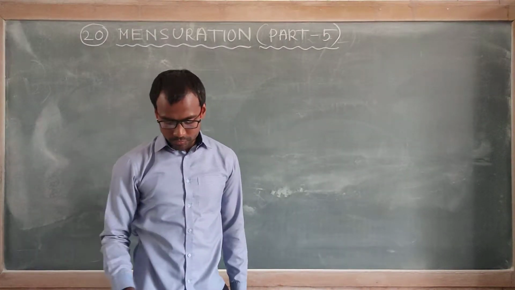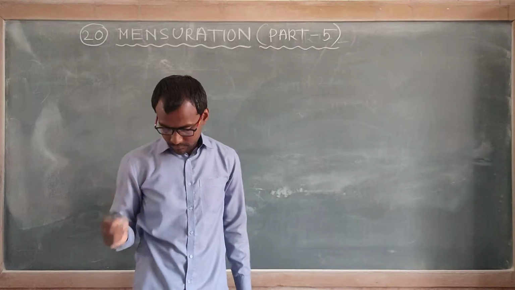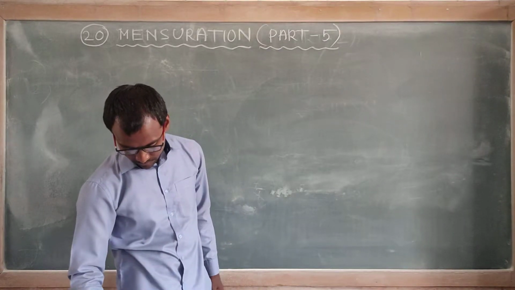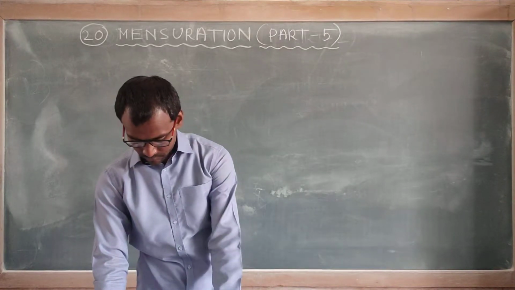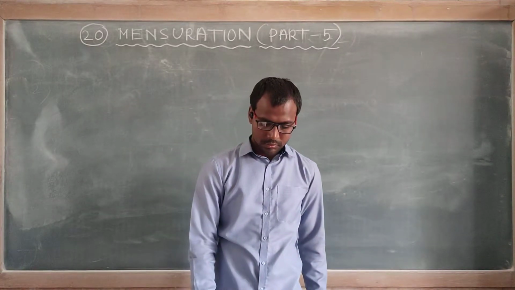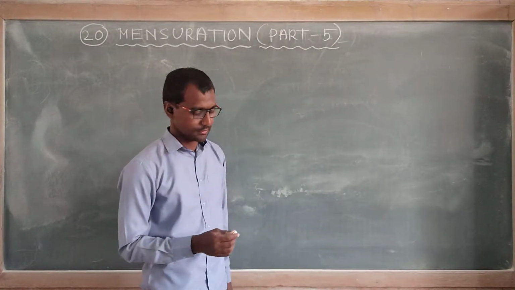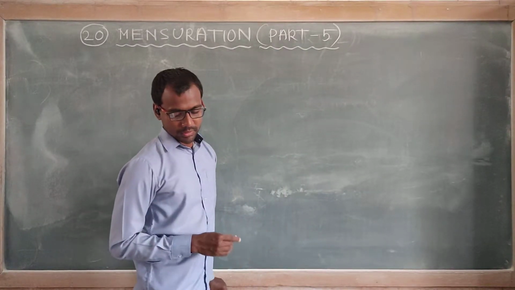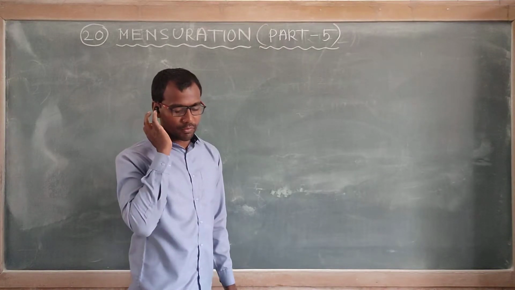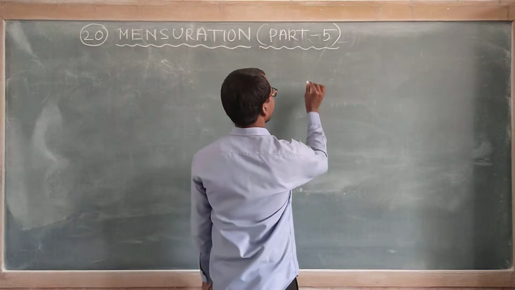Now let us move to question number 8. A circle of largest area is cut from a rectangular piece of cardboard with dimensions.